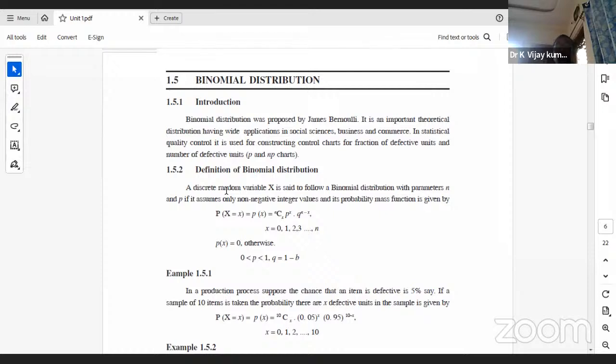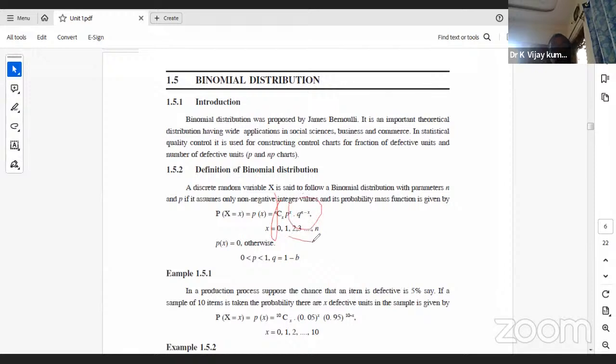A random variable X is said to follow binomial distribution with parameters n and p. It assumes only non-negative integer values and has a probability mass function, PMF.